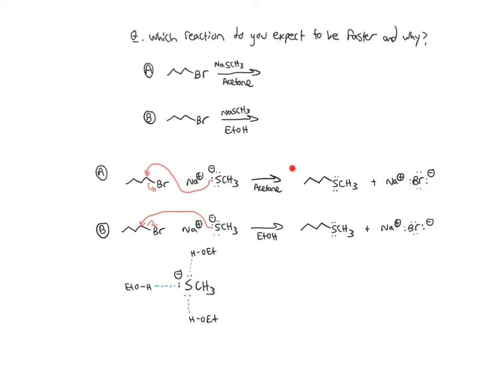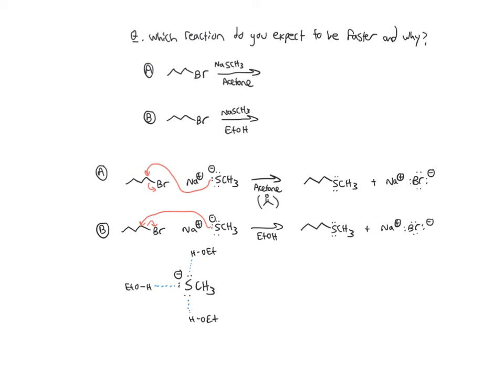The faster one is going to be with acetone because we aren't able to H bond. So acetone had this structure here. We aren't able to H bond because there's no H's attached to that oxygen to actually H bond with the negatively charged sulfur. The oxygen with its lone pair is certainly not going to do that. So there's nothing to actually H bond with that nucleophile. And so that's not going to affect that nucleophile. The nucleophile is just going to go kind of easily through the solvent, find its electrophile, and do its reaction.